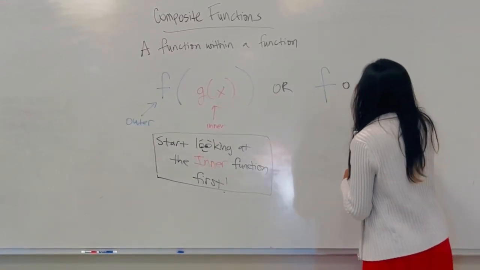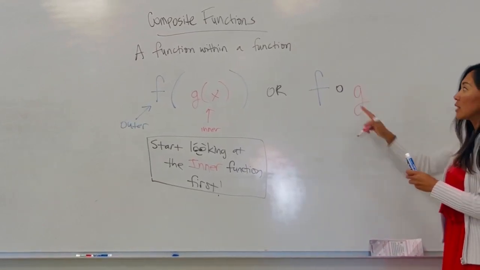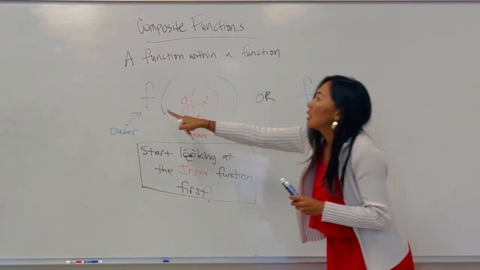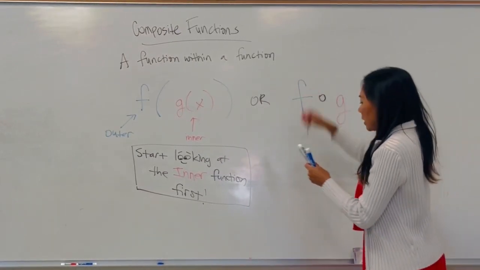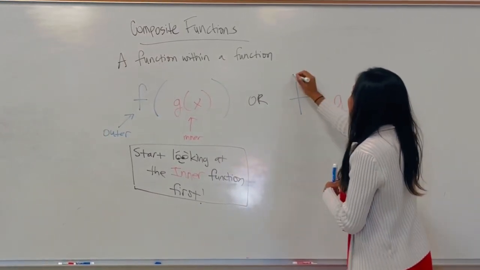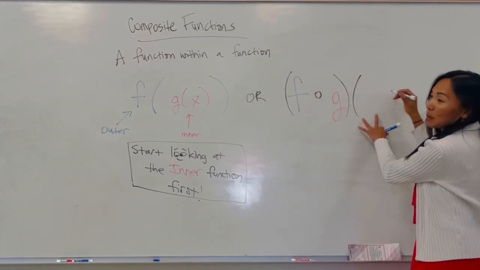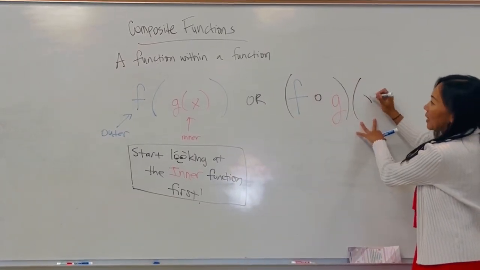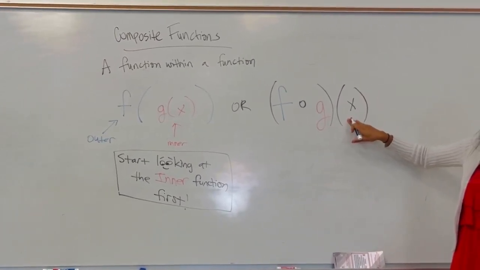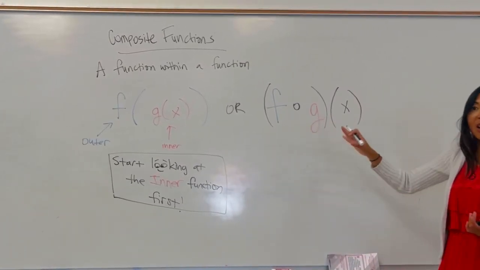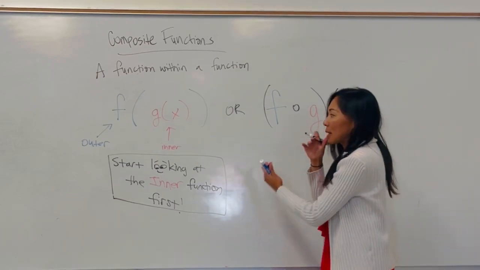F composite G. So this means F composite G. Then they normally put parentheses around this and write down what the input is, whether X or W or strawberry or whatever it is you give the baby. So it could be written either way. They mean exactly the same thing.